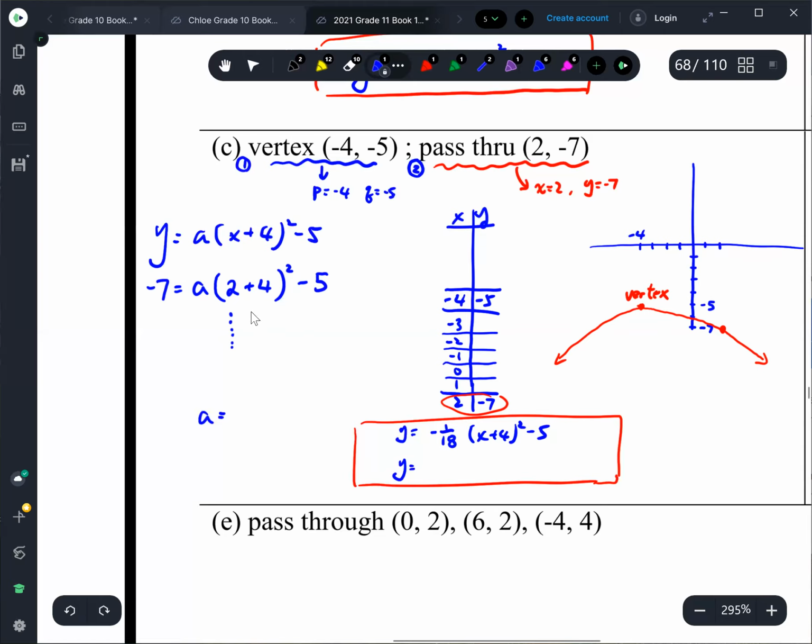Simplify it and then isolate A, solve for A. So please raise your hand if you have found the value for A.